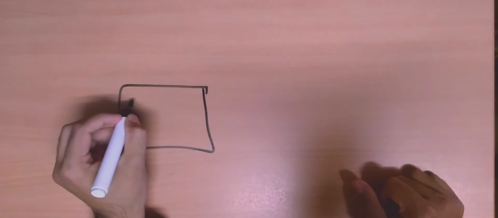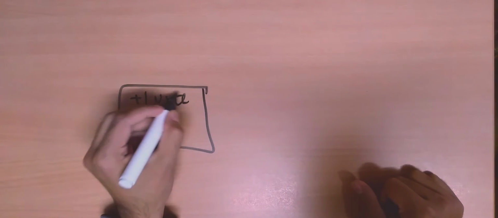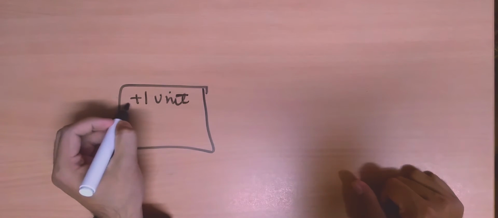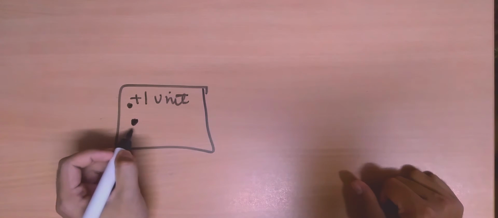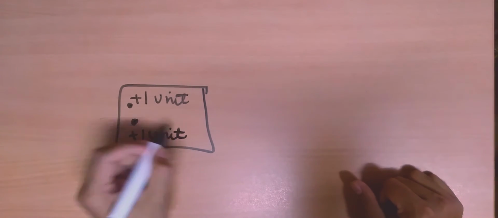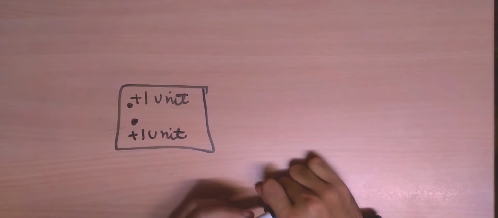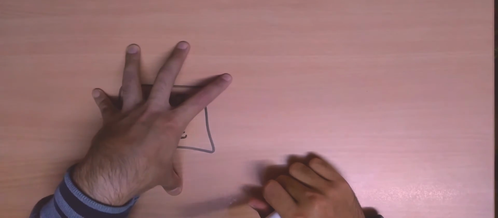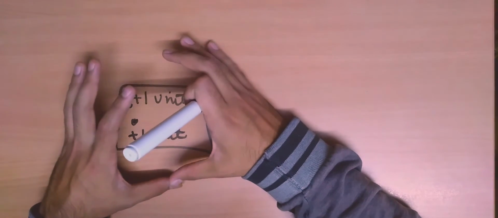Let's say I take a box and put in a particle with plus 1 unit of charge, and I keep another particle with plus 1 unit of charge. So I have two particles inside this box that have plus 1 unit charge each. What is the total charge inside the box? Well, that is 1 unit plus 1 unit, so I have 2 units of charge inside the box.